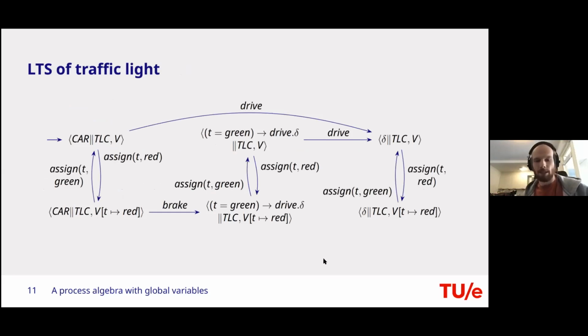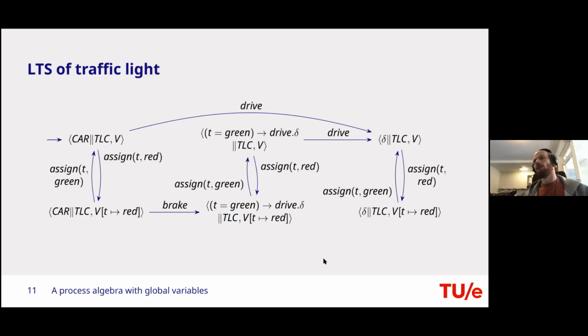And then we actually get the LTS that we were looking for, modulo the exact names of some of the labels. And we were able to do this with actual parallel components, with an intuitive way of using this global variable.